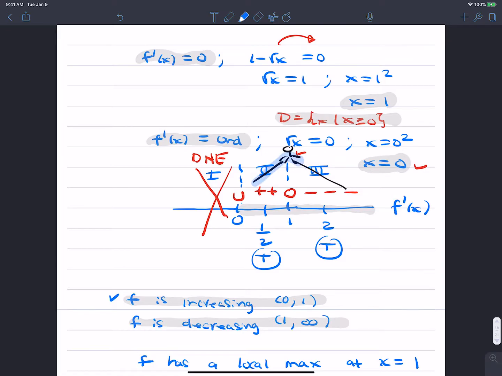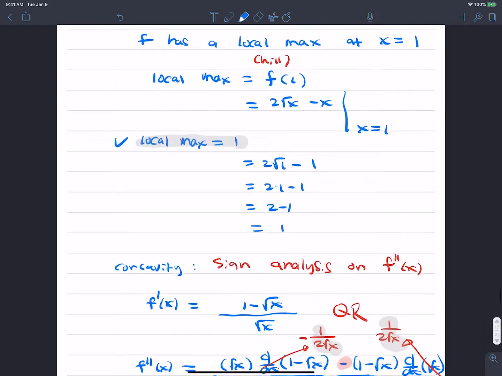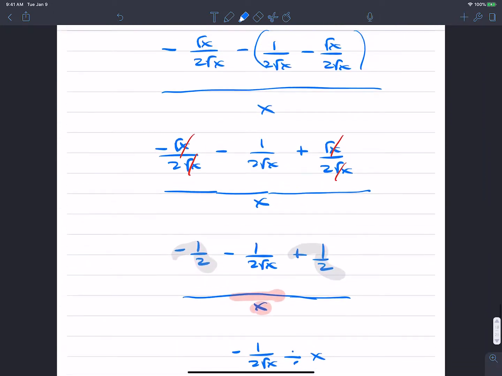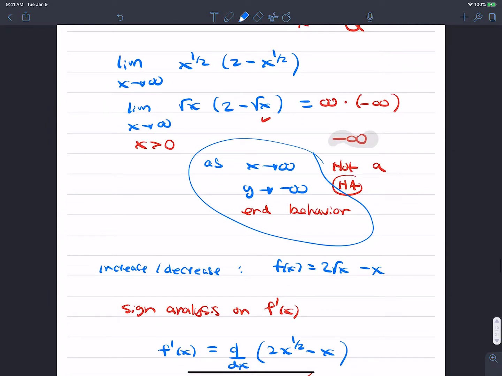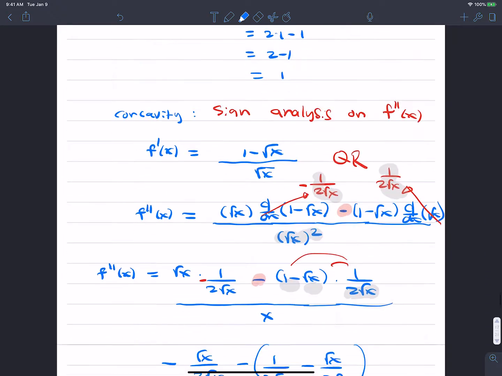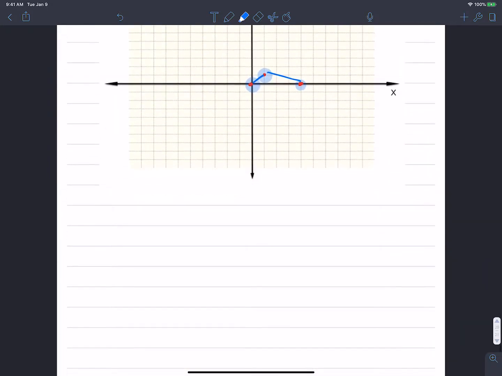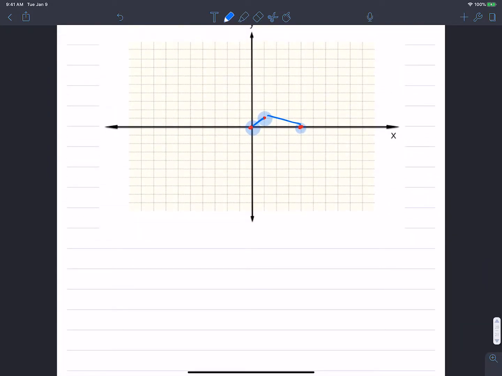We're going up and down at that location. And we're going down forever as x goes to what? Positive infinity. Remember this limit? As x goes to positive infinity, what's the end behavior going to be? Where does y go to? Negative infinity. So what that means here is my behavior is going to negative infinity forever.